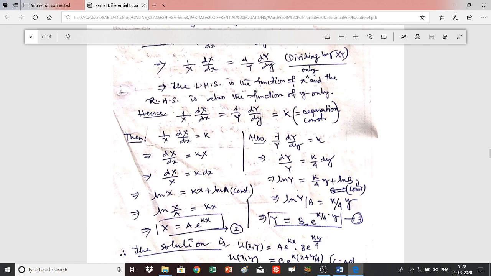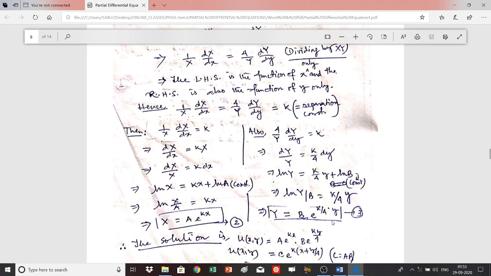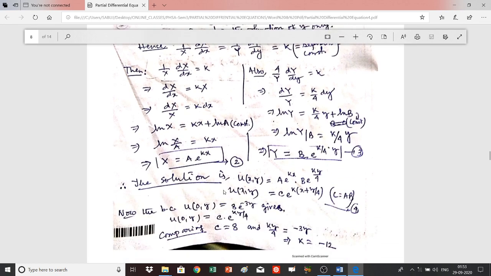Another ordinary differential equation is (4/Y) dY/dy is equal to k, and finally you get Y is equal to b e to the ky/4. This is another solution. So you will consider these two solutions.